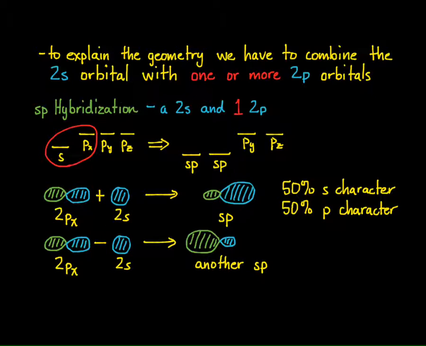It's very important to understand that we're just representing the different phases as colors in terms of combining things together, but in reality both sp orbitals look very similar to one another. So we have these two sp orbitals, and then we still have two p orbitals that are unhybridized.